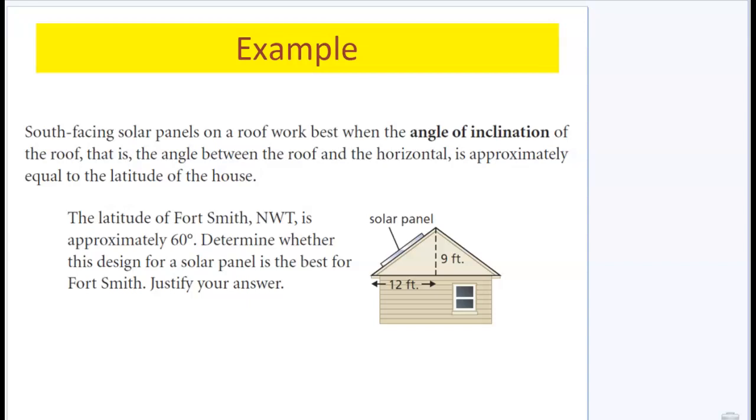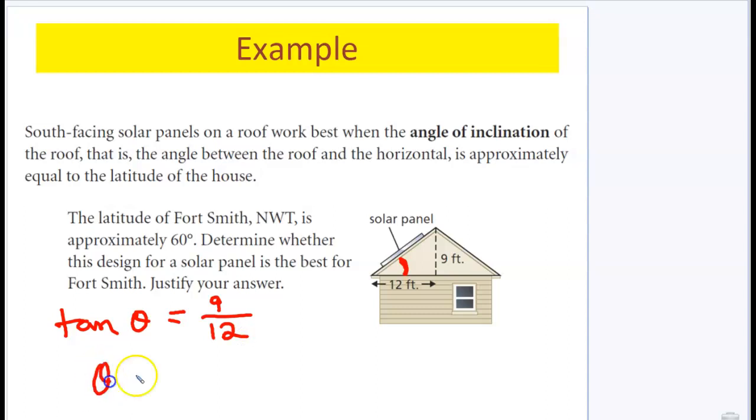Justify your answer. Okay, first thing we need to do is figure out the angle of incline. And in this particular diagram, the angle of incline would be the angle right here between the solar panel and the horizontal. Therefore, we're going to be using the tangent of some angle theta is going to be equal to the opposite side, which is 9, divided by the adjacent side, which is 12.